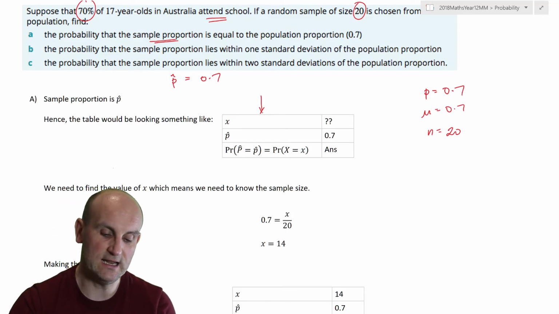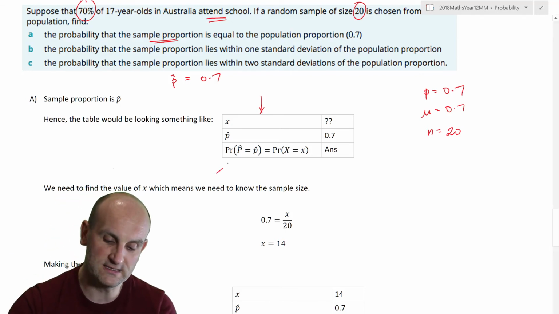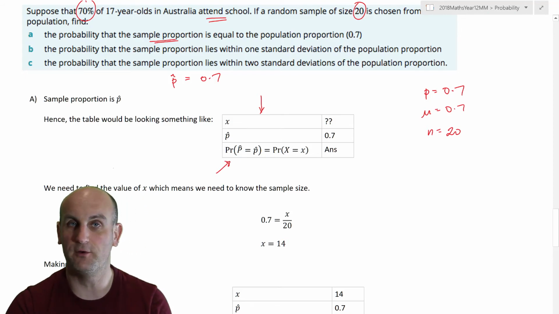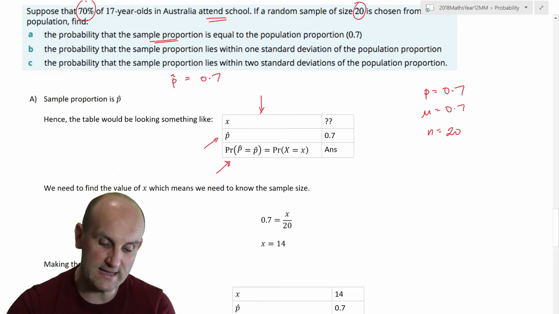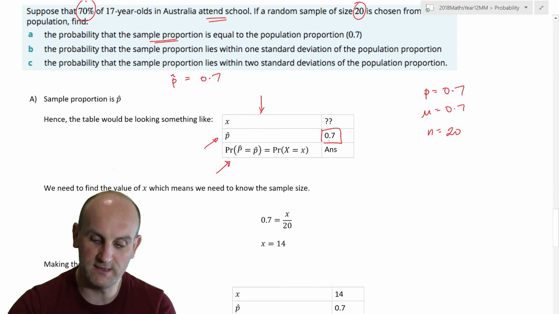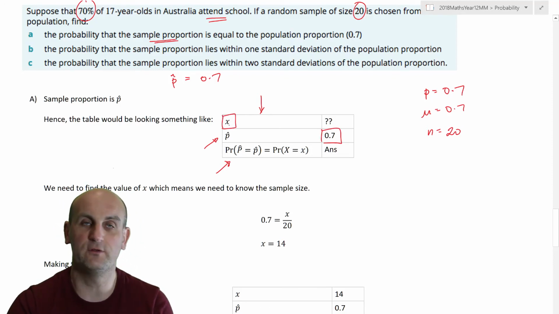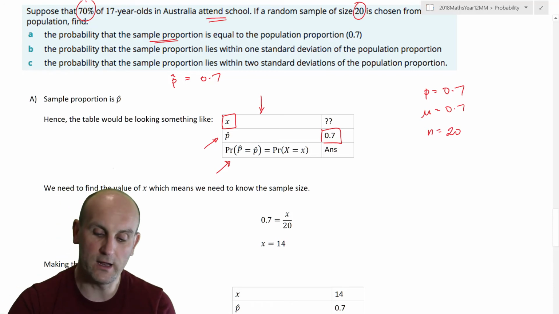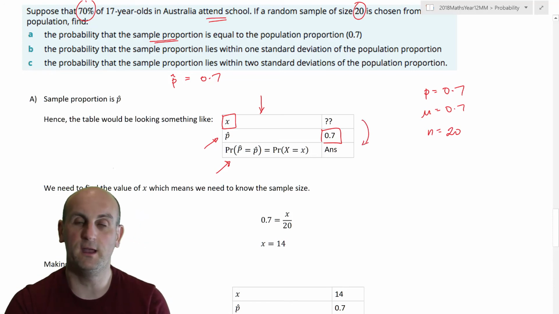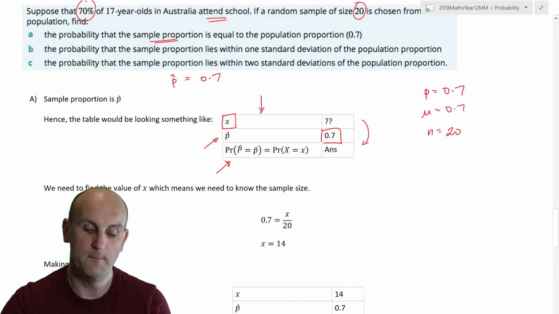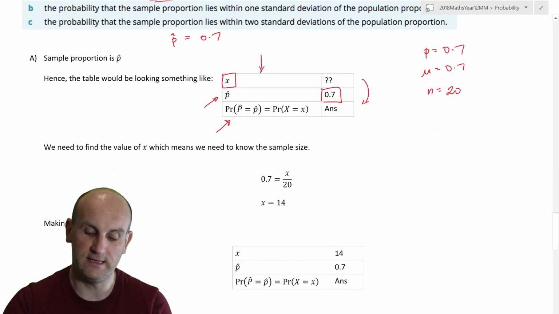So it's telling me I've got to find the probability. So I know the probability is the very bottom row when my p hat equals 0.7. So I filled in my p hat of 0.7. I know that it's got to have some sort of value of x on the top. And when I know that value of x, I can find my answer. But how did I find my value of p hat?